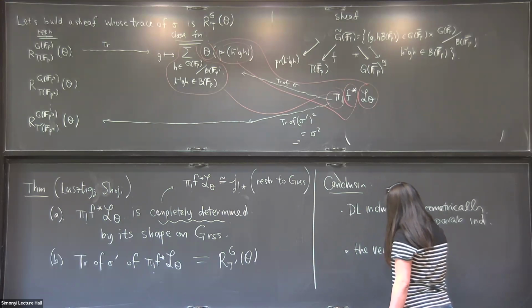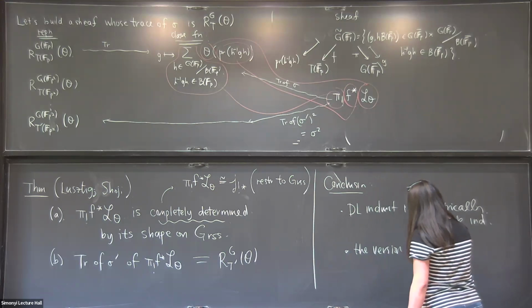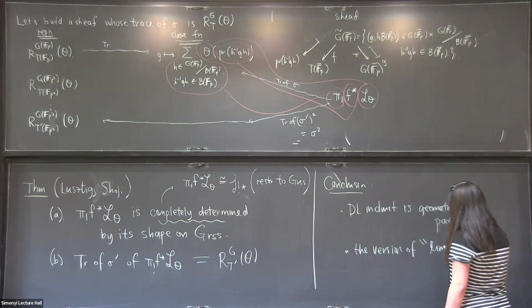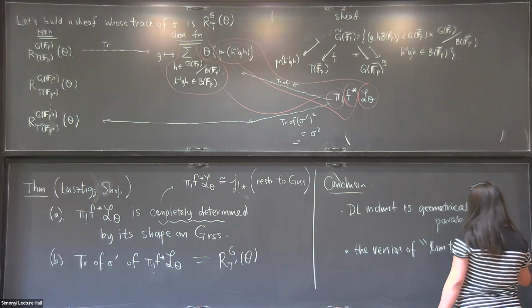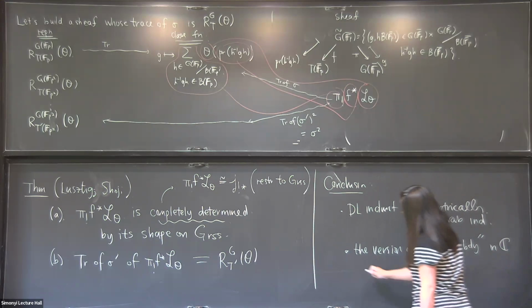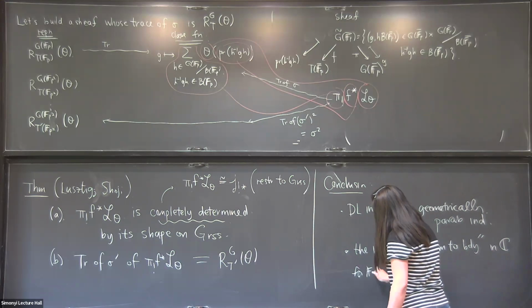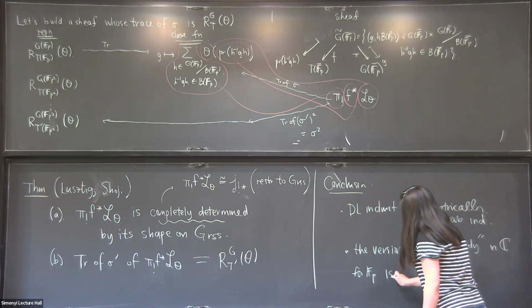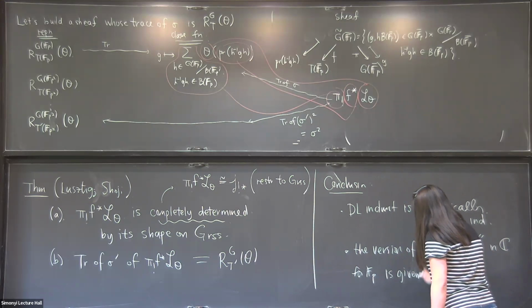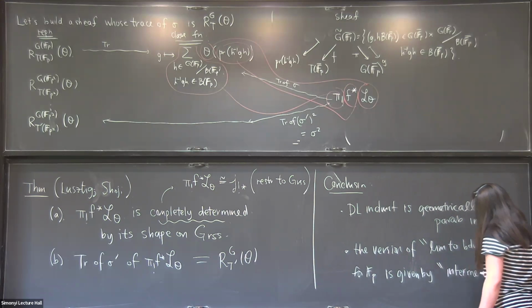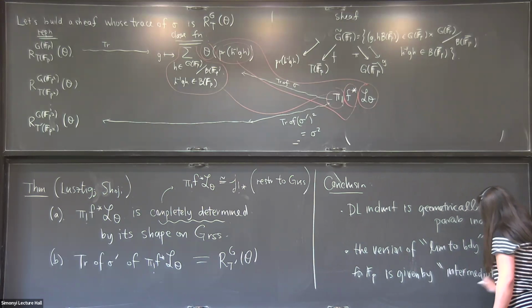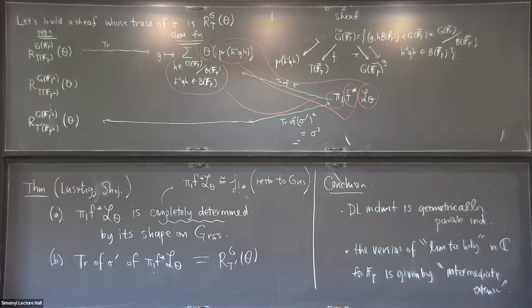The version of taking a limit to the boundary in C, for things like FP, is given by intermediate extension. Okay, so two miracles.